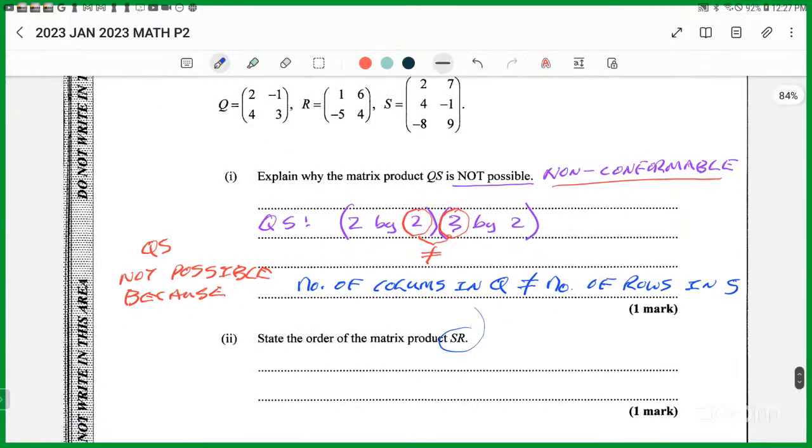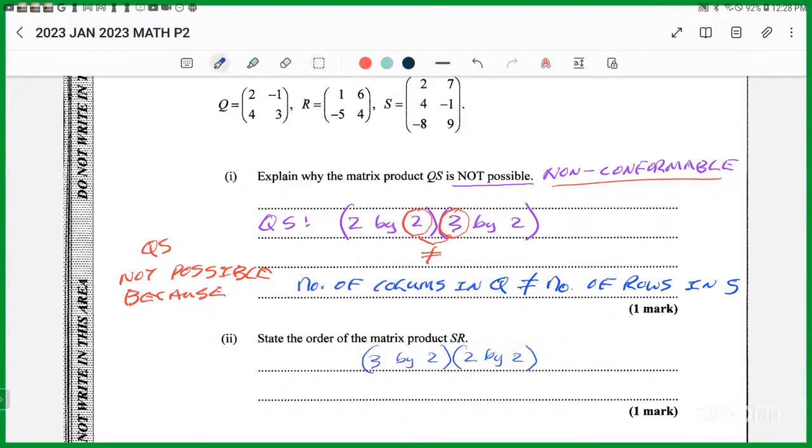What would be the result of SR? So SR would be, the S would be a 3 by 2. That's what the S would be. And the R right here would be a 2 by 2. And we multiply a 3 by 2 with a 2 by 2.